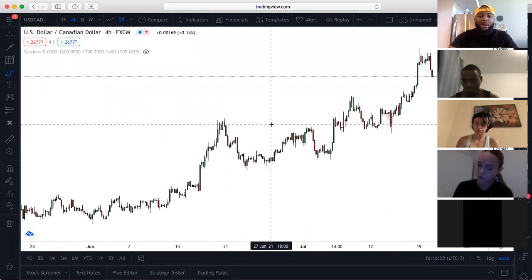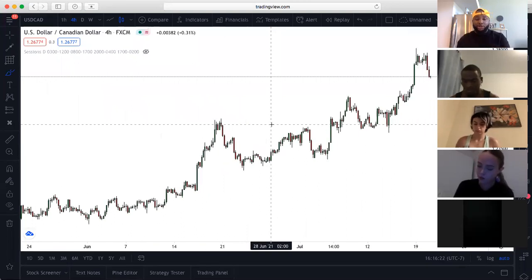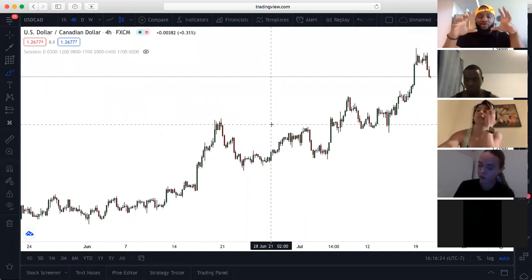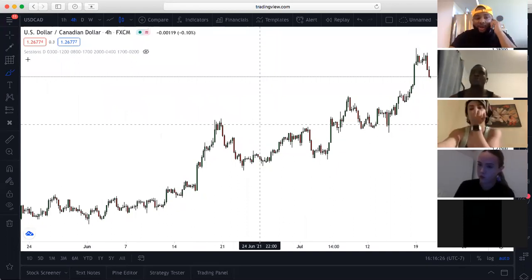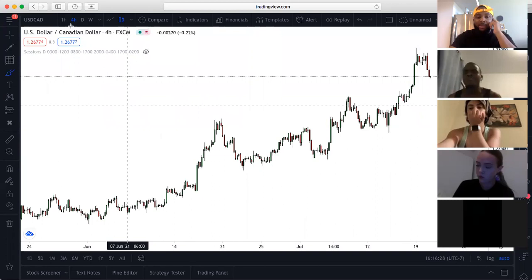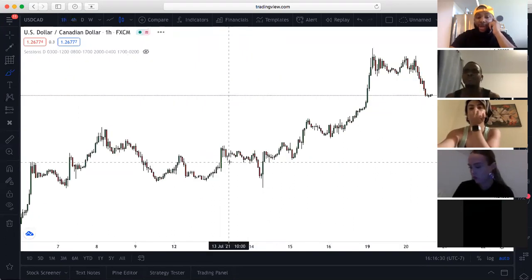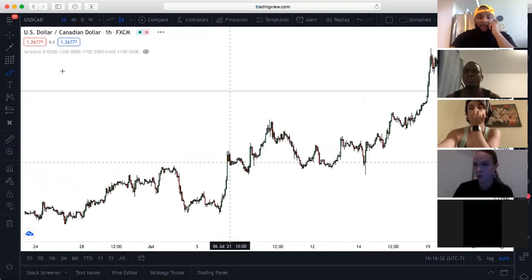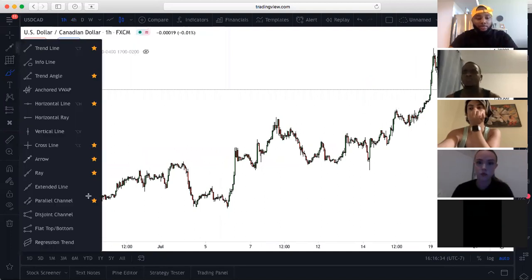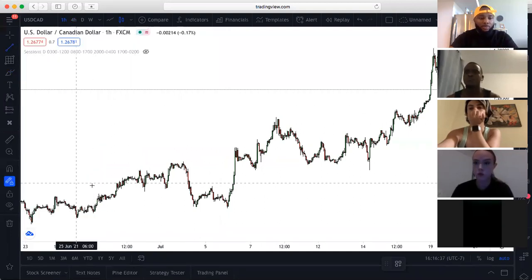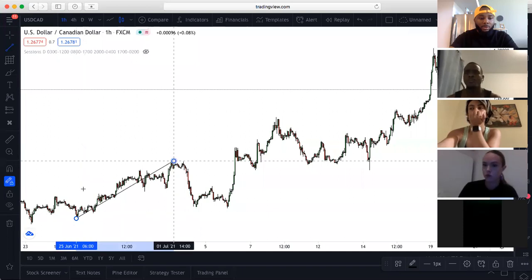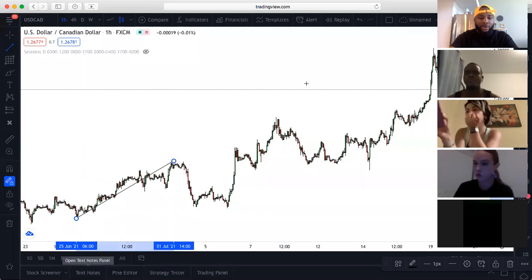So what's going to help you guys understand market structure is, yes, right now you see candles. You want to train your eyes to not see it as candles, but see it just as straight lines, okay? You want to be able to see the market like this. Let me make this thicker so it's easier for your eyes too.